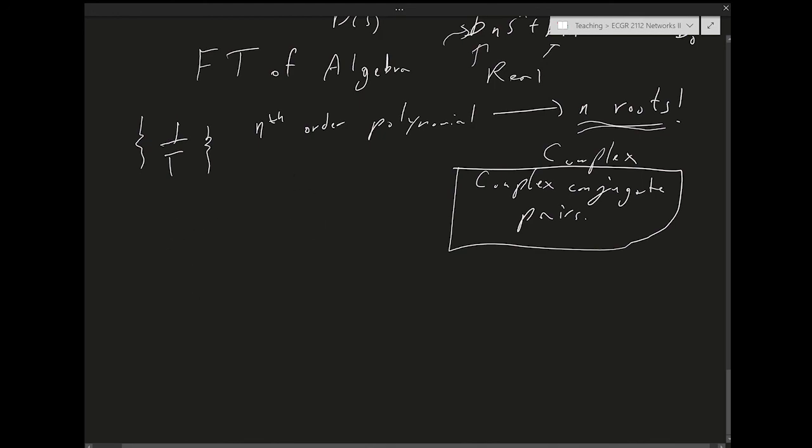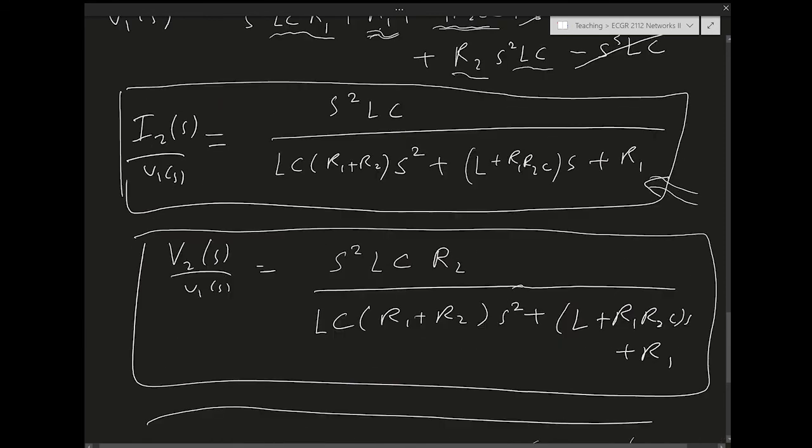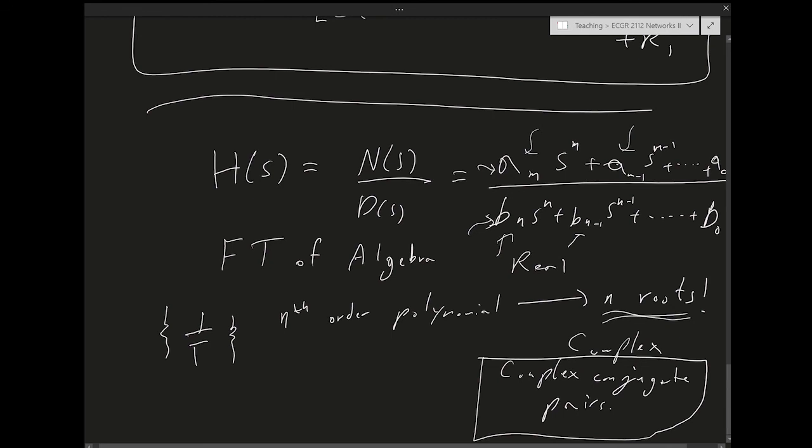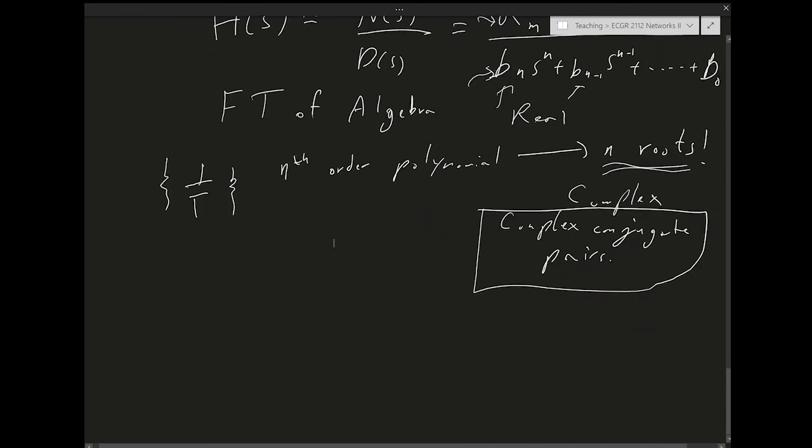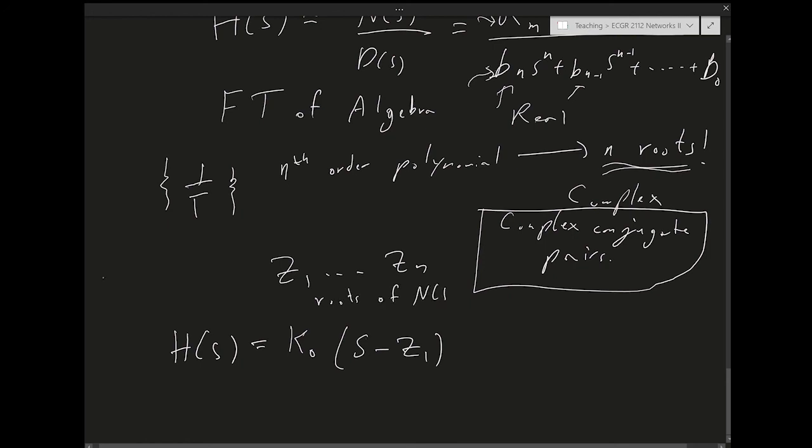So what's the point here? The point is that because we can get roots for any polynomial, we can rewrite the transfer function in terms of its roots. So we can write the numerator as some constant K times (s minus z1) and so on, where z1 up to zm are the roots of the numerator, and p1 up to pn are the roots of the denominator.